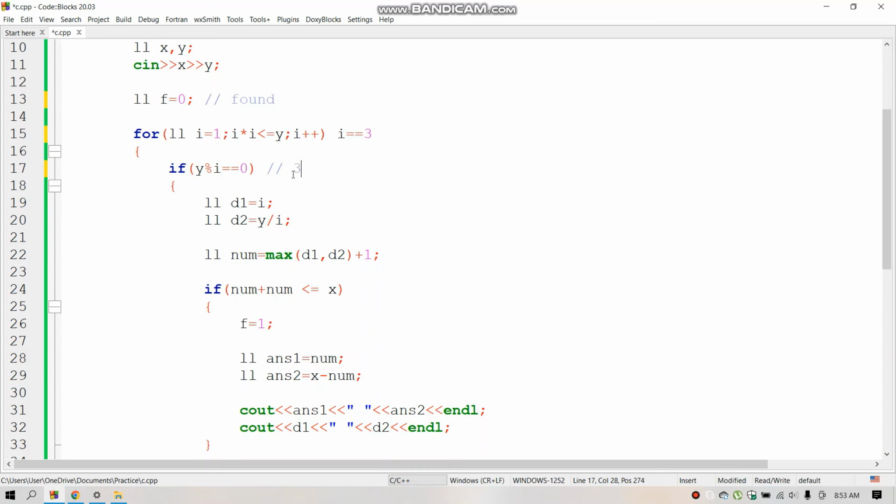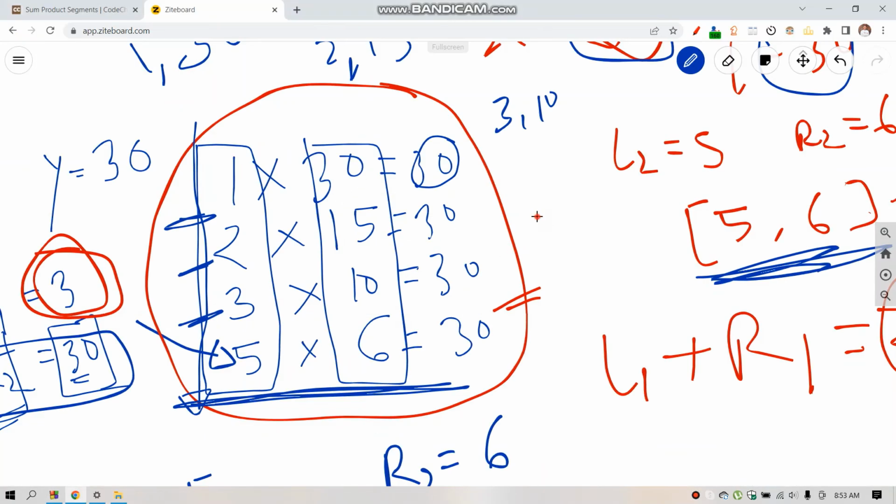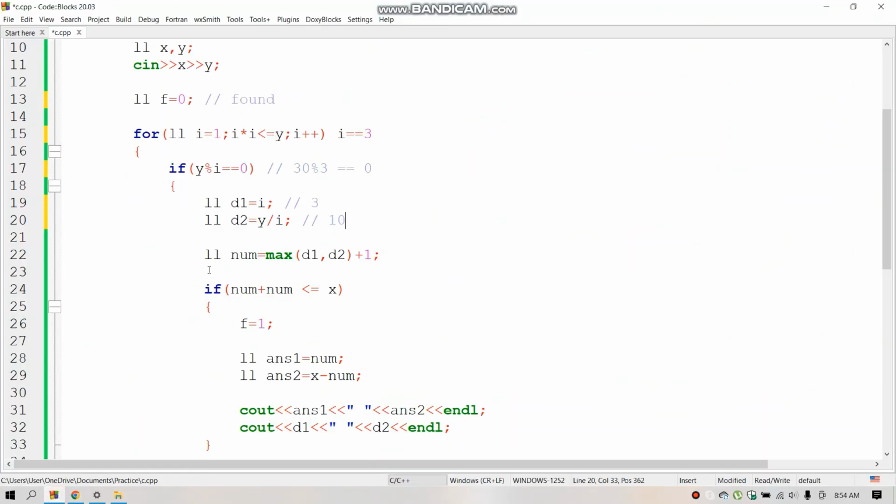Here 30 mod 3 will be equal to 0, right? Then I will store my d1 as 3 and d2 as 10, because 30 divided by 3 gives me 10. So I find one value from i, and the other by dividing 30 by i. That's how I find my d1 and d2.